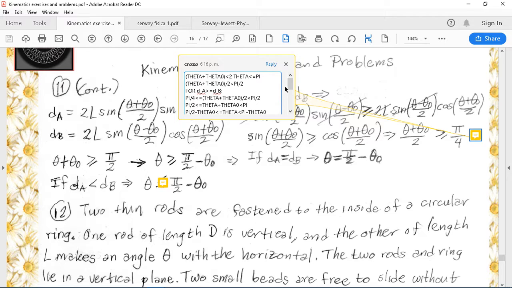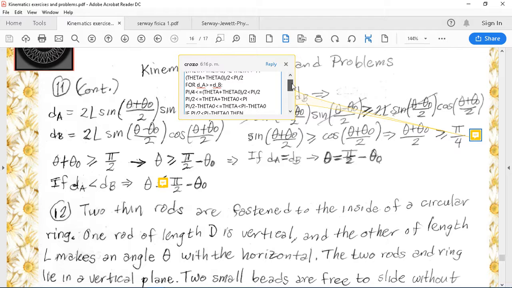Now, since (theta plus theta 0)/2 is less than or equal to theta, which is less than or equal to pi halves, that means that (theta plus theta 0)/2 is less than pi halves.